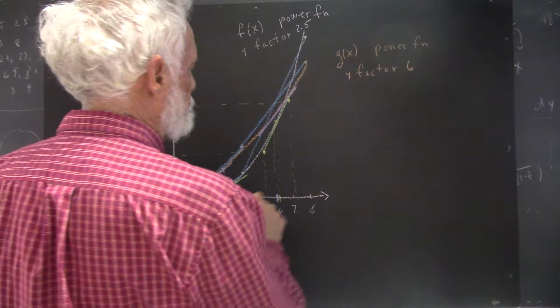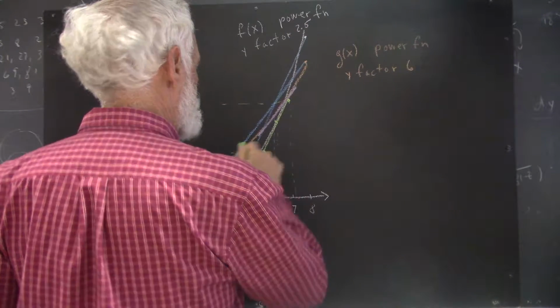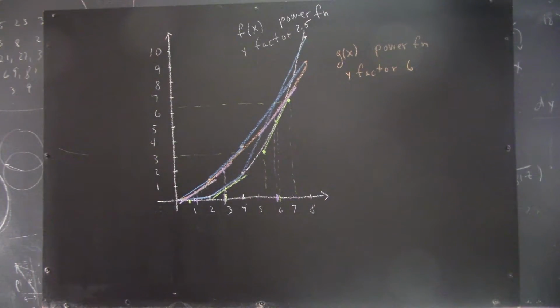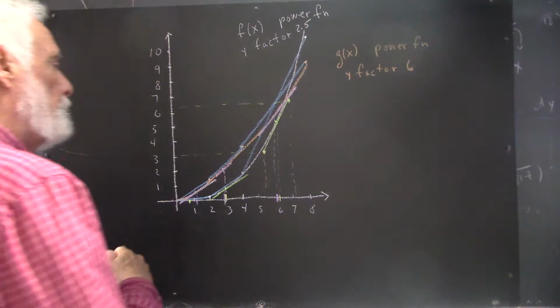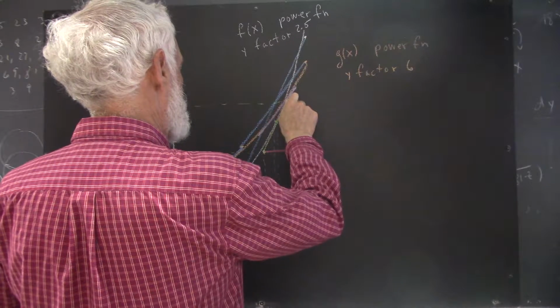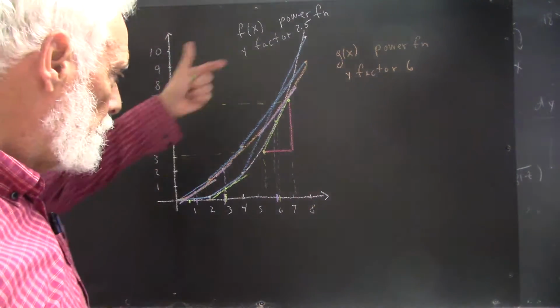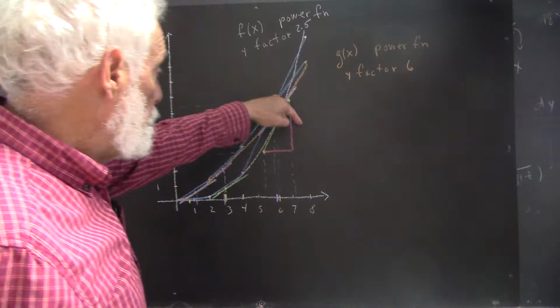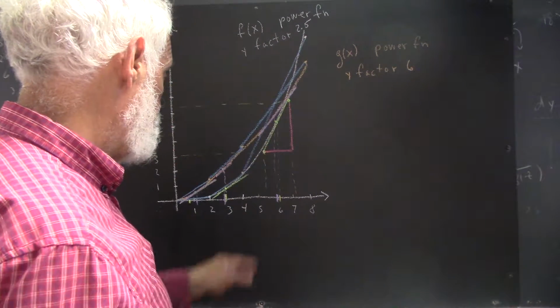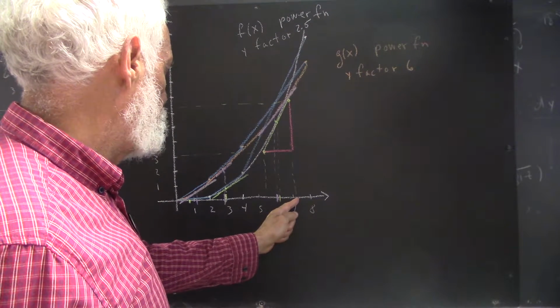of approximately what? To get the slope of the tangent line, I'm going to use a different color, a color I haven't used, let's use red. The slope of the tangent line, as you should know, is rise divided by run. The rise is this side of the triangle, the run is this side. This looks like about 5.3, this looks like about 7.1.